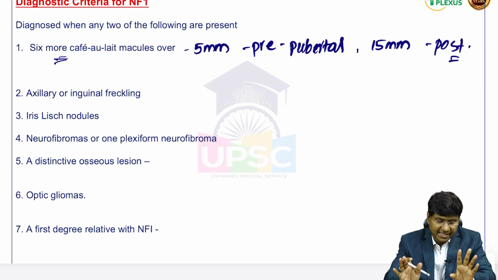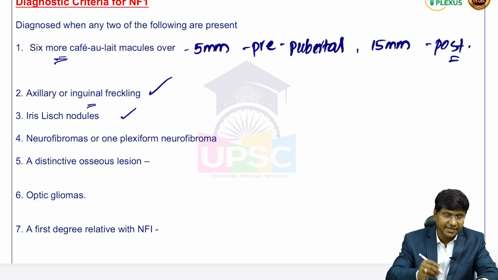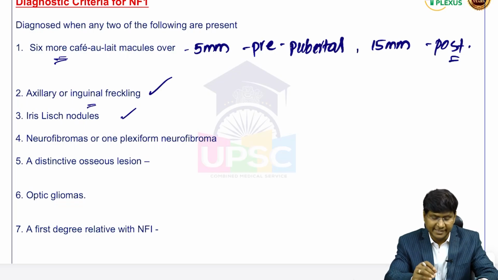So 6 or more macules, 5 millimeters in prepubertal and 15 millimeters in post-pubertal individuals. Next is the axillary or inguinal freckling, and the next one is the Lisch nodules.